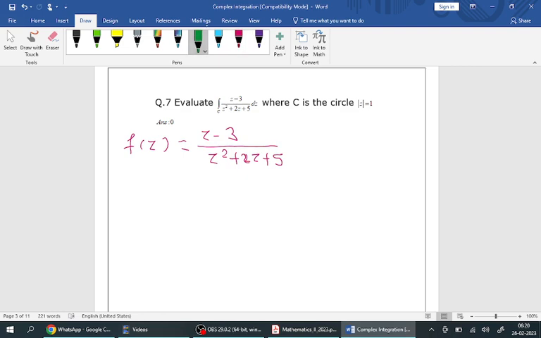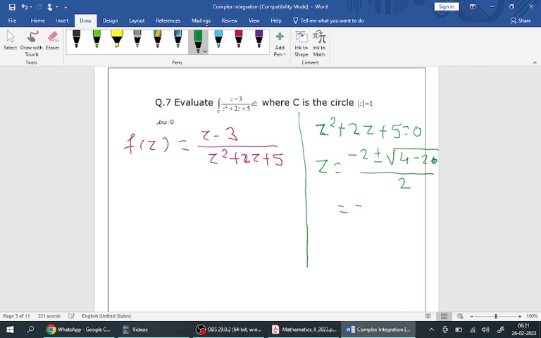So z square plus 2z plus 5 equal to 0. This is a quadratic equation in z and we want the roots of this equation to get the poles, so just the denominator is equated to 0. By the quadratic formula, z is minus b, which is minus 2, plus or minus root of b square, which is 4, minus 4ac, 4 times 1 times 5 is 20, upon 2a, which is 2.